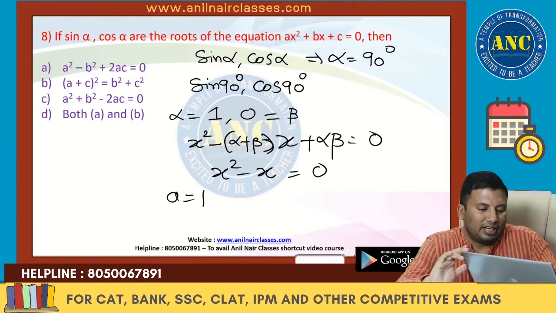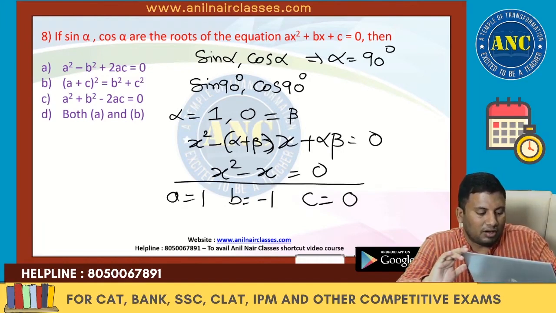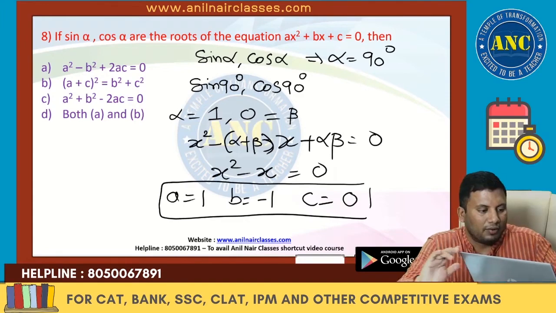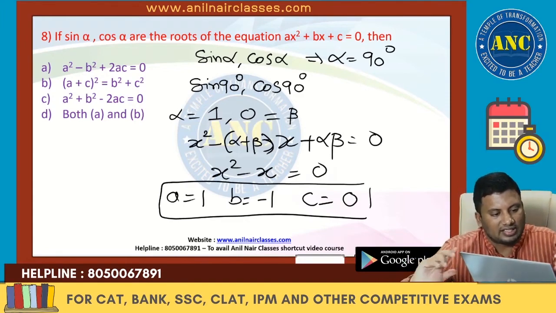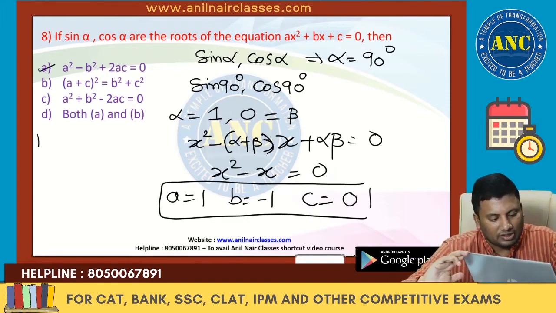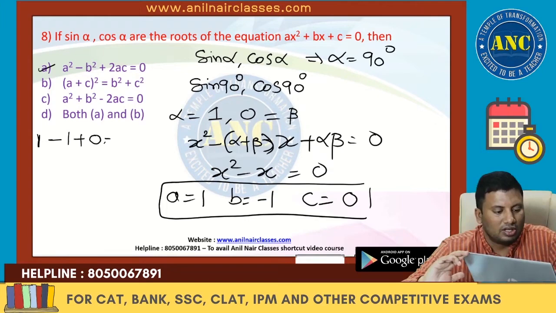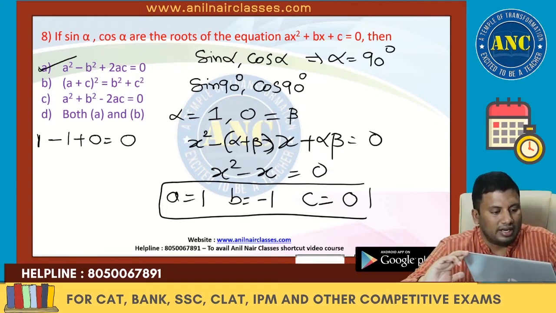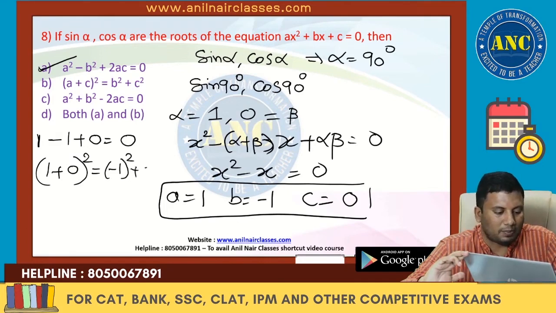A value is 1, B value is minus 1, C value is 0. Where is it satisfying, let us see. Option 1: A square, 1, minus B square plus 0, 0 equivalent to 0. It is satisfying. Second one: A plus C whole square, 1 plus 0 whole square equivalent to minus 1 square plus 0 square. It is also satisfying.